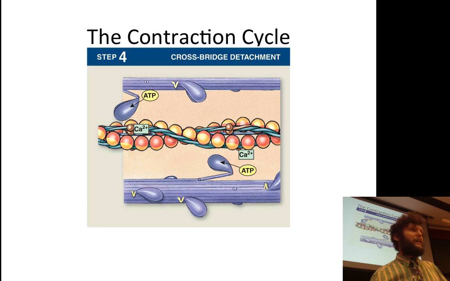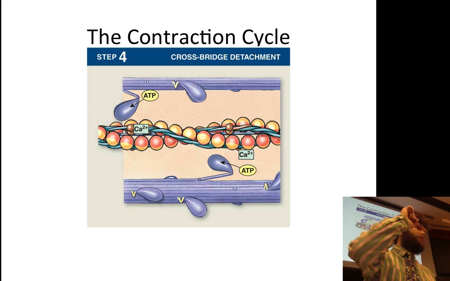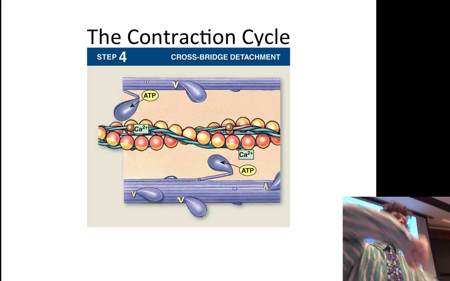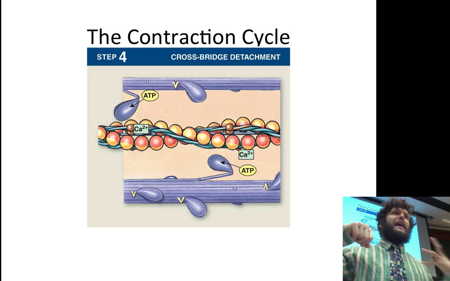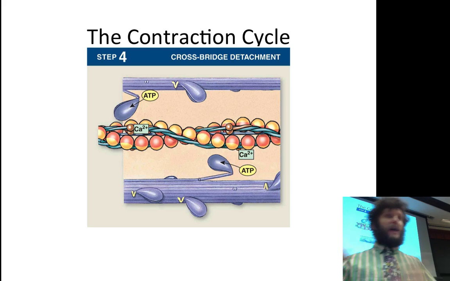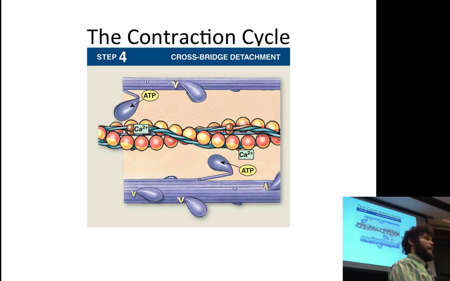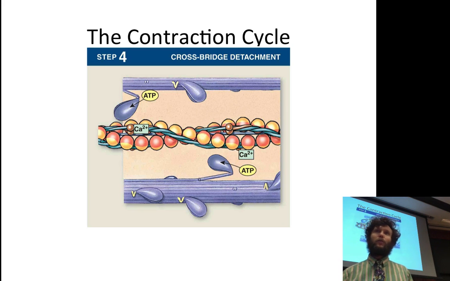Once the ADP and inorganic phosphate come off, the cross-bridge formation is not structurally favored, and the cross bridge comes off the actin. Once the tripped head is off the actin, now the active site for the ATP binding is open, and ATP can come on and bind to the head group again.